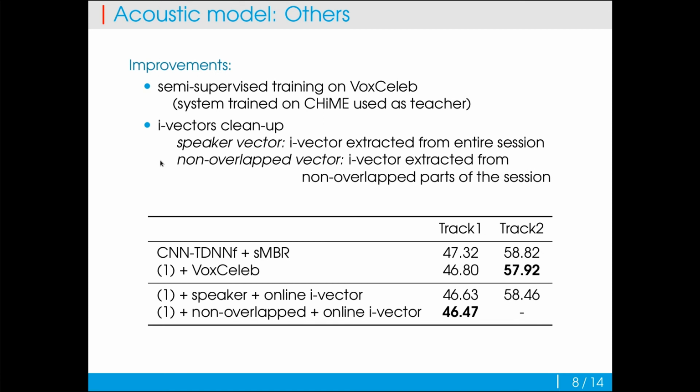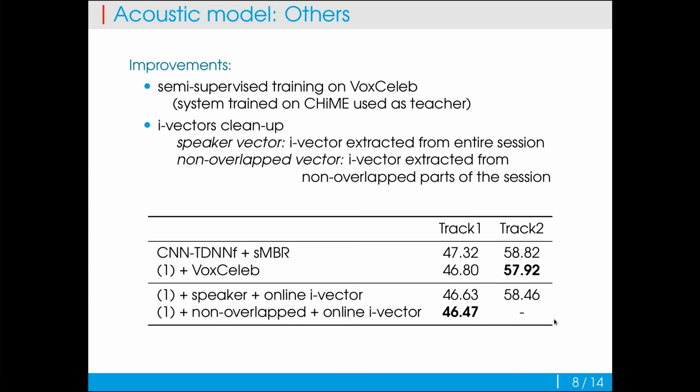We kept the original online i-vectors in, and we concatenated them with hopefully more robust i-vectors, which are either estimated from all of the speaker data from the entire session, or only from the non-overlapped parts of that speaker. The results here should be compared to the first row, and both of these options bring some improvement, where the non-overlapped i-vectors are slightly better.